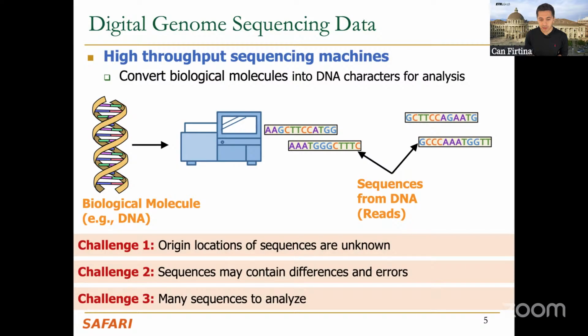In total, we will have 3.2 billion bases. If you consider both parents' diploid genome, we would have around 6 to 6.5 billion bases within a single cell in the human genome.